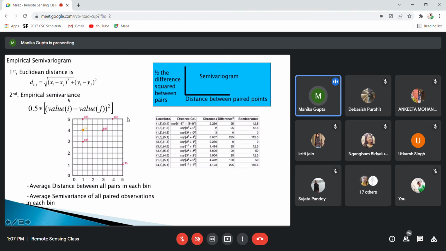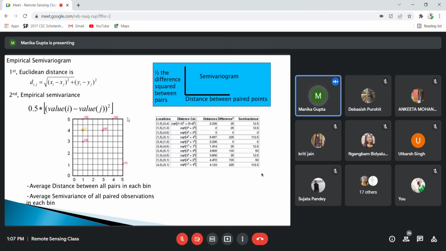Then we need to calculate the empirical semi-variance value. So you have the value at one location minus the value at the second location, you do the whole square of that value. So you get this whole square, you divide it by half, you get the semi-variance value. So this is for all the known points here.